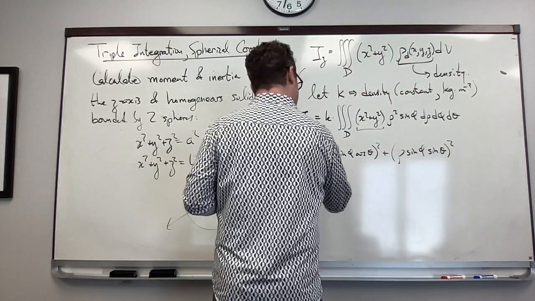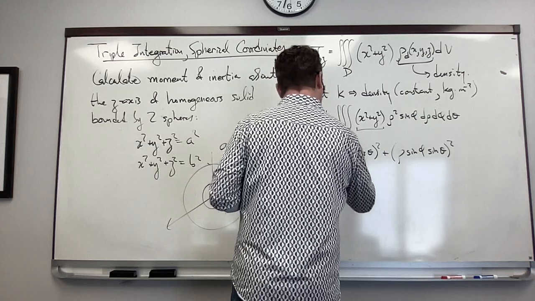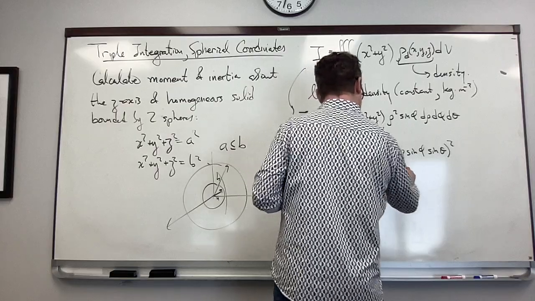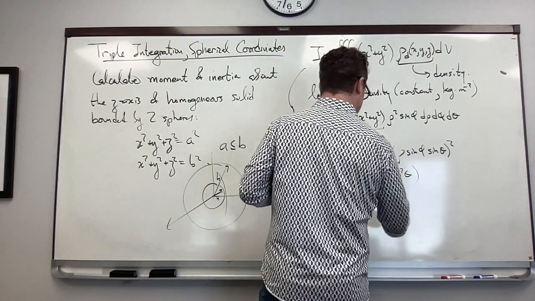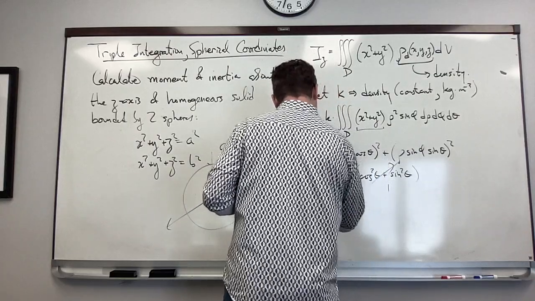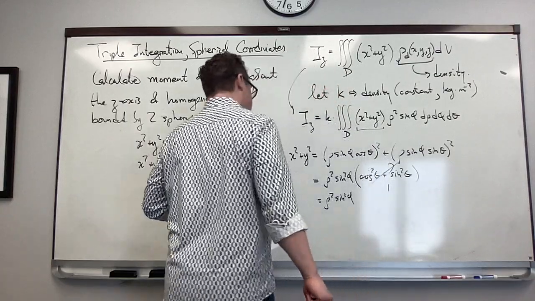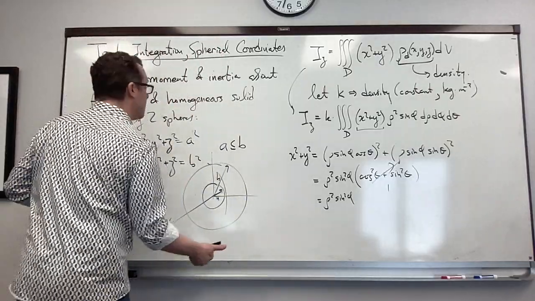So I've got a rho squared sine squared phi common, and a cos squared theta plus sine squared theta. Cos squared theta plus sine squared theta is 1. So this whole thing just equals rho squared sine squared phi. Okay, good. That's in spherical coordinates.